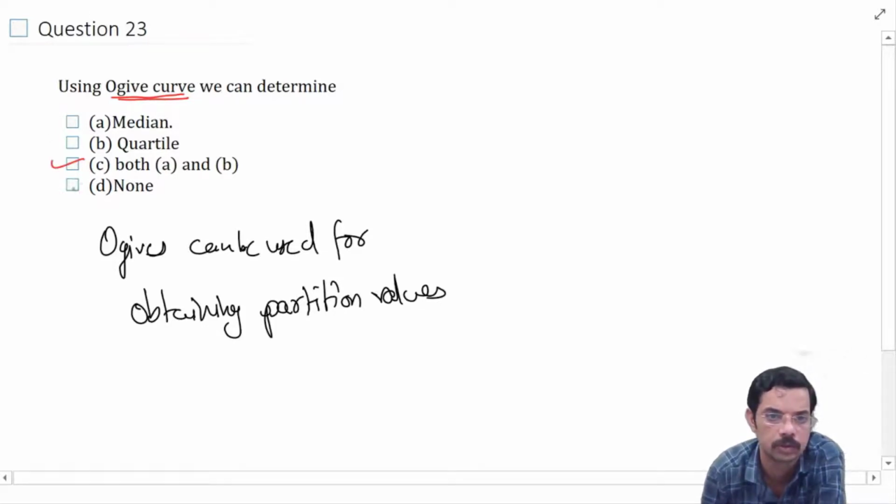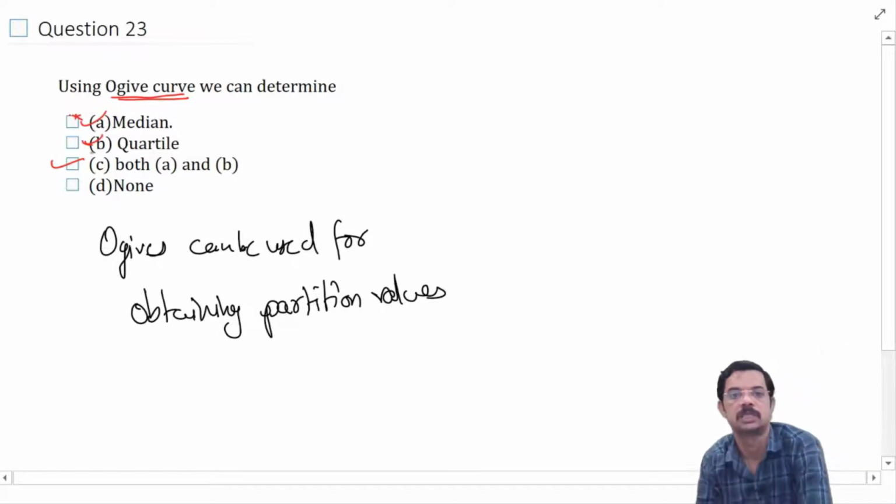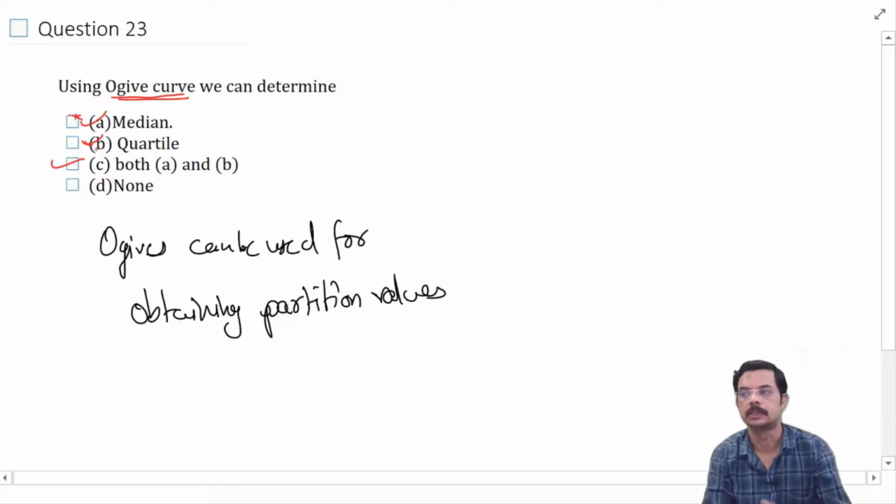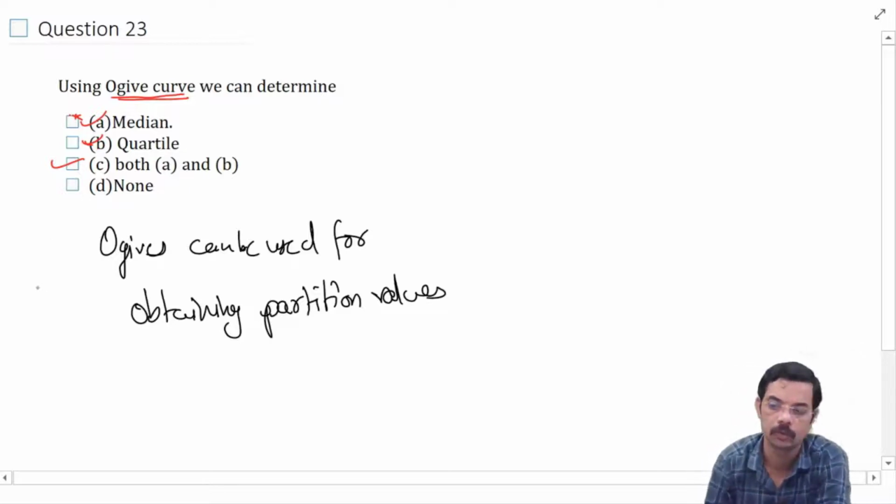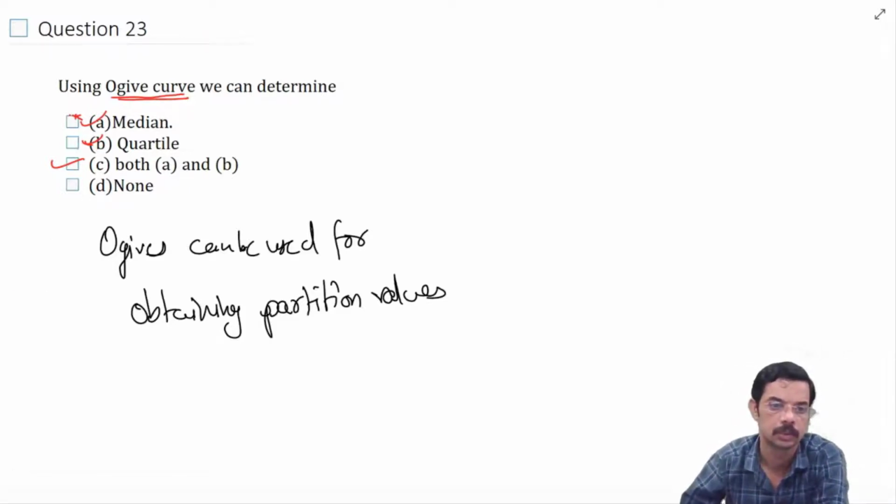This is correct, this is also correct. So therefore option C would be the most appropriate answer in this case. Next we shall move on to the question number 25.